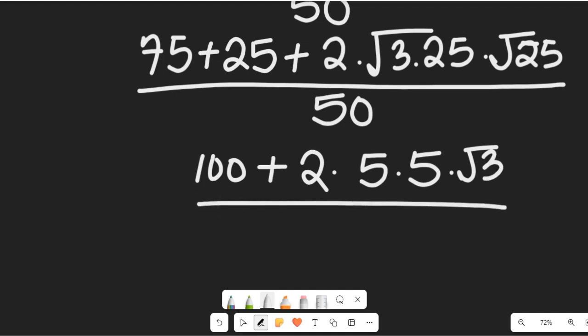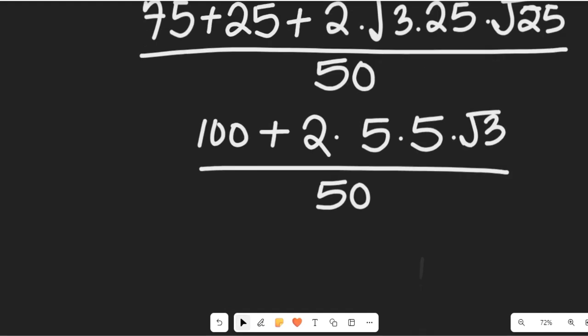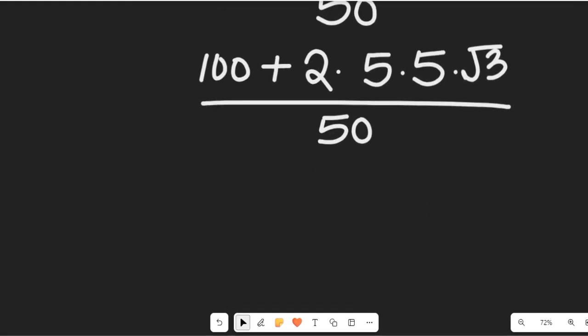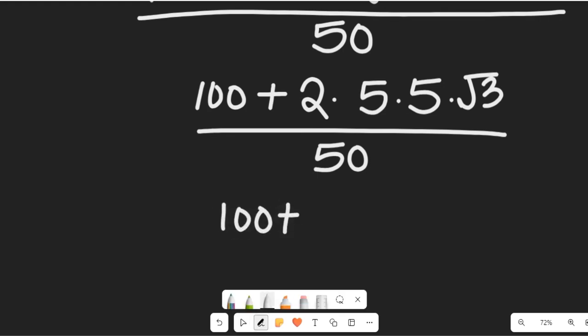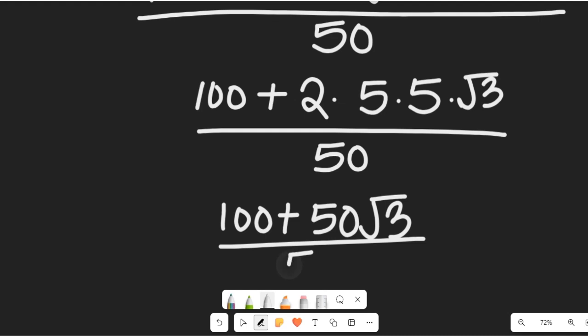And all these will be divided by 50. So what do we have here? 5 times 5 is 25. 25 times 2 is 50. So we'll have 100 plus 50 multiplied by root 3, and all these will be divided by 50.